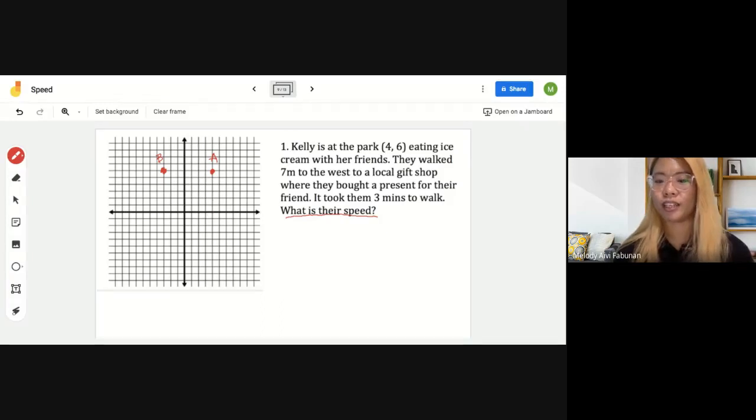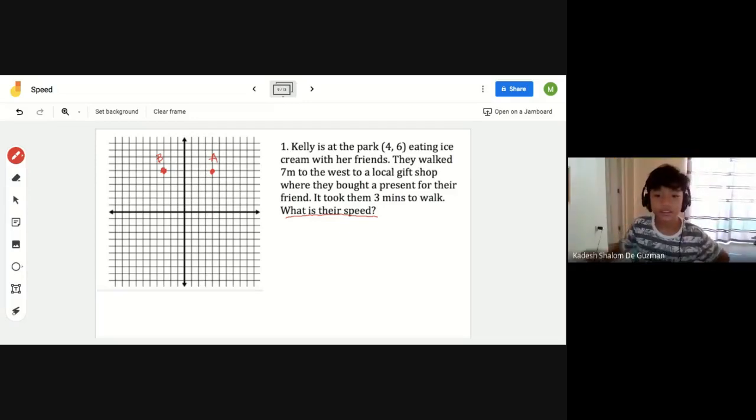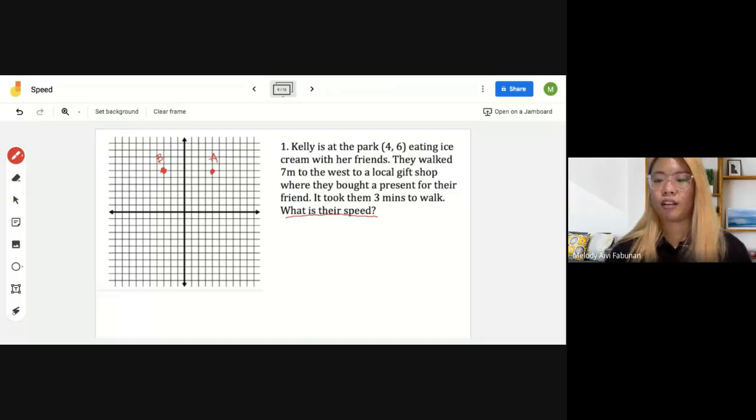Leonard already sent his answer. How about the other students? I'm waiting for yours. Kadesh also sent his. Danstal, walang unit. Danstan also sent.